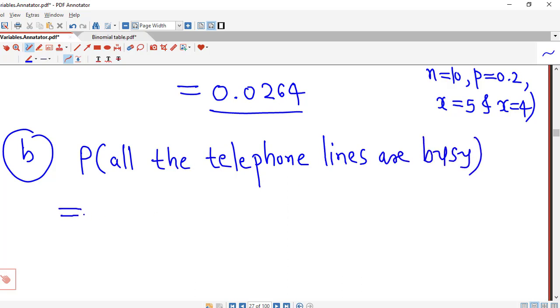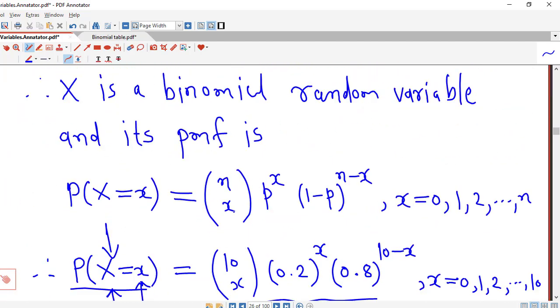That means the probability that 10 telephone lines are busy, that is capital X equal to 10. So we substitute in the formula of PMF. In this formula we consider X equal to 10. So we have 10C10, 0.2 raised to 10 and 0.8 raised to 0, that is 1.